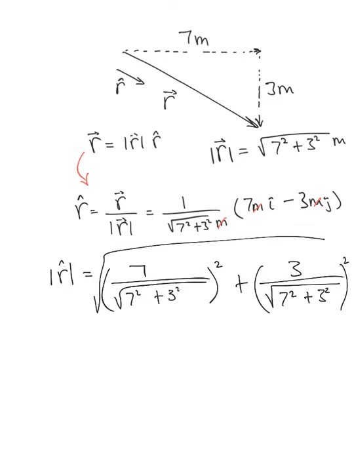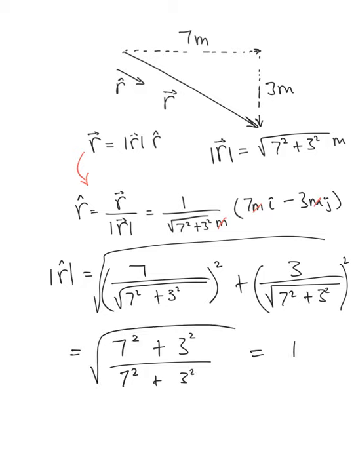You'll notice that this goes like 7 squared. They each have the same denominator, so I can combine the numerators. And you get the square root of a number divided by itself, which is always going to be 1. So the magnitude of r hat, when I define it this way, is in fact 1.